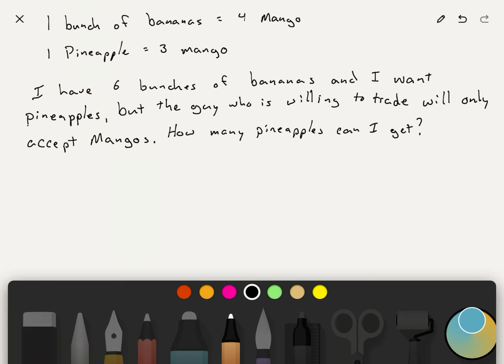So I have 6 bunches of bananas. And I want pineapples. But the guy who's willing to trade will only accept mangoes. How many pineapples can I get?